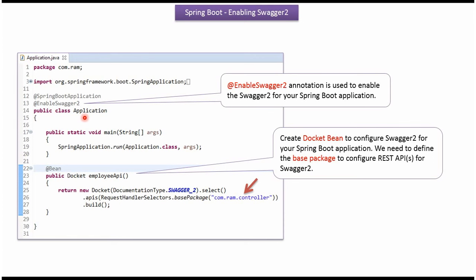Here I have defined a class Application which is the Spring Boot application. To enable Swagger 2, we have to add the @EnableSwagger2 annotation, and also we have to create a Docket bean to configure Swagger 2 for our Spring Boot application, and also we have to define the base package to configure REST APIs for Swagger 2.